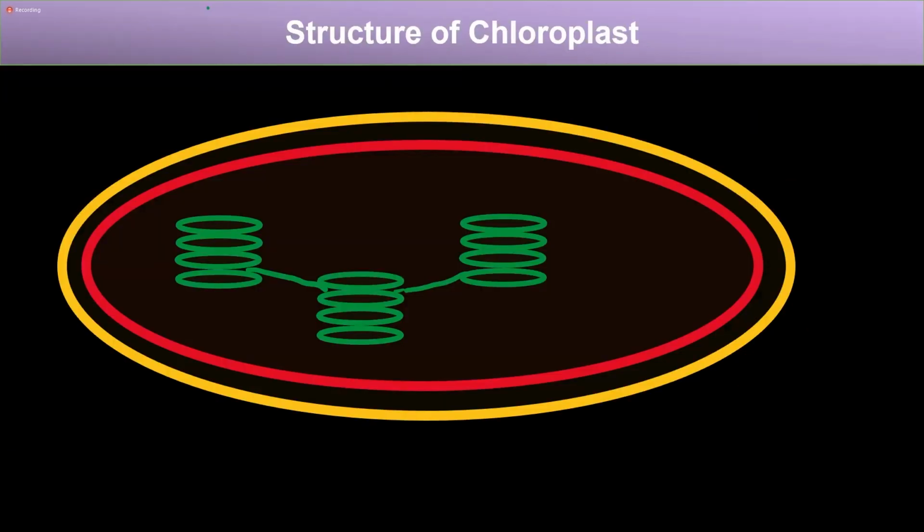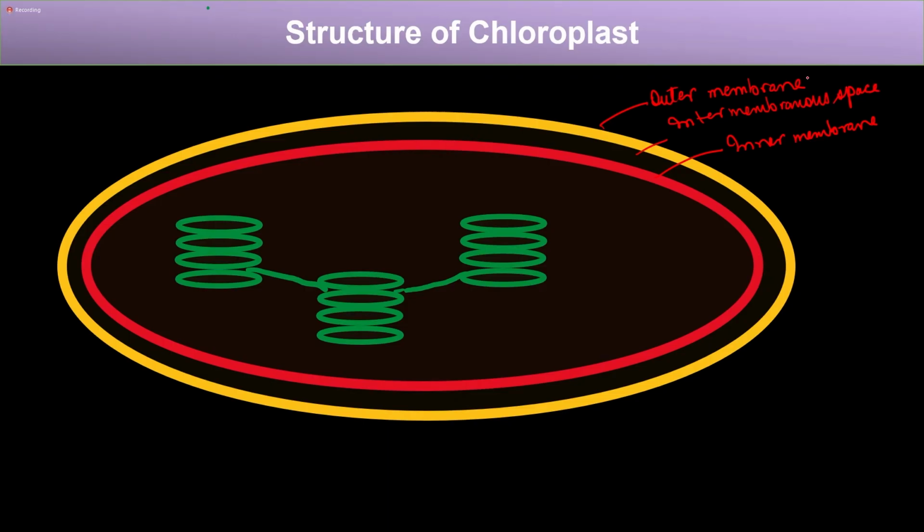If we talk about the structure of a chloroplast, just like mitochondria, it also has two membranes: the outer membrane and the inner membrane. They also have an intermembranous space between the outer and inner membrane.